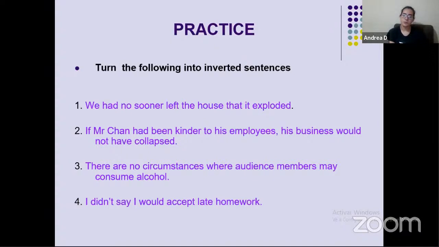If Mr. Chan had been kinder to his employees, his business wouldn't have collapsed. With if Mr. Chan had, you drop the if and you do an inversion.